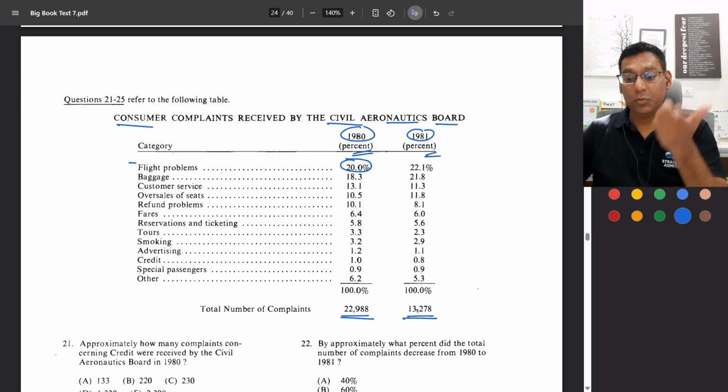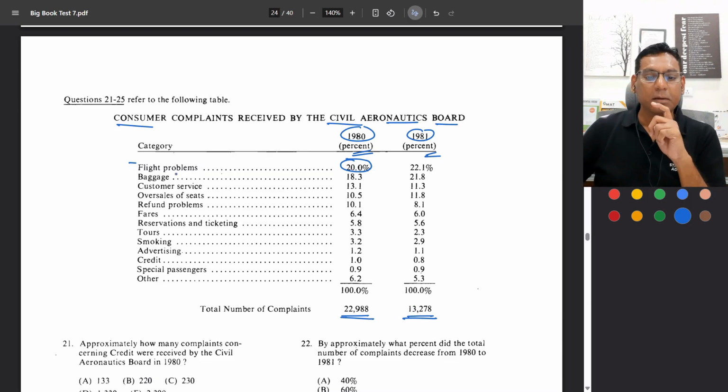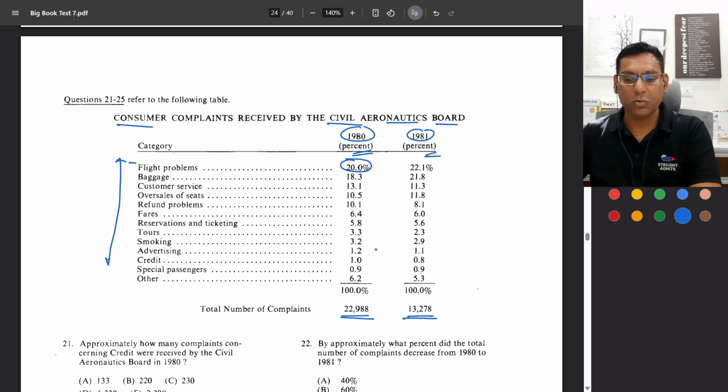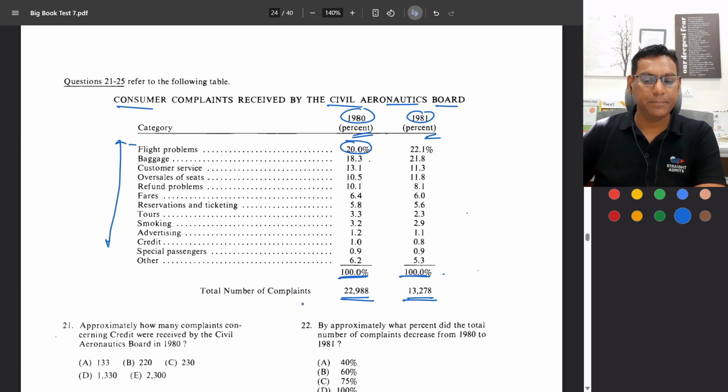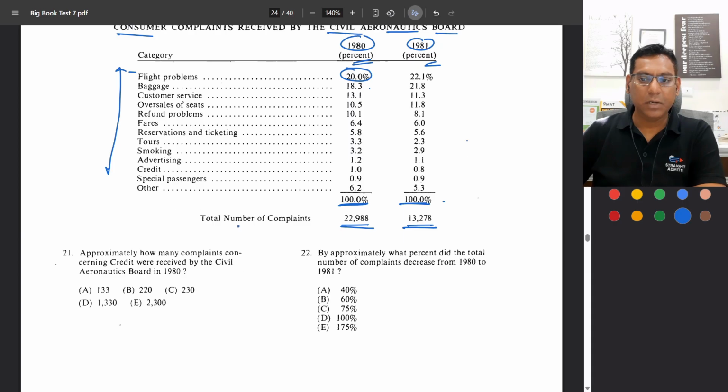So the total number of complaints has reduced, but the categories are the same, and category contributions are also changing. Fairly straightforward. Obviously, these will add up to 100%. These are percentages, not absolute numbers. Fine. So I think I understood this.